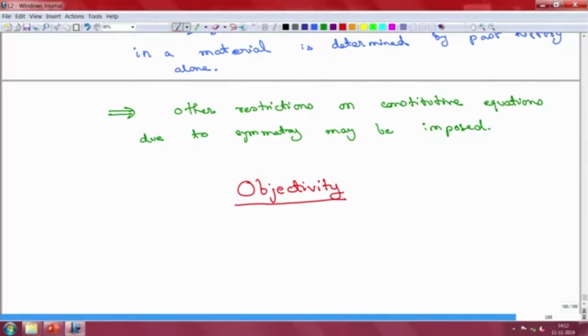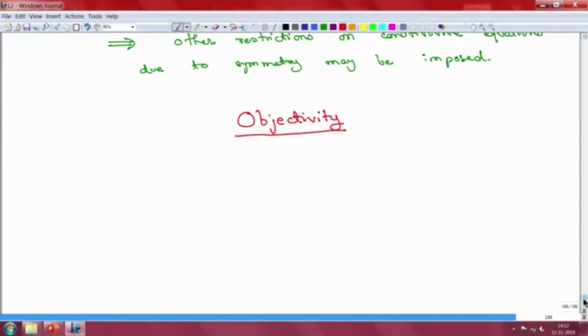So, before we discuss objectivity, we want to discuss some of the more general principles underlying this. Before we discuss objectivity, we need to agree upon a few other things. So, we have to agree that there is something called an event. An event is something that we observe.